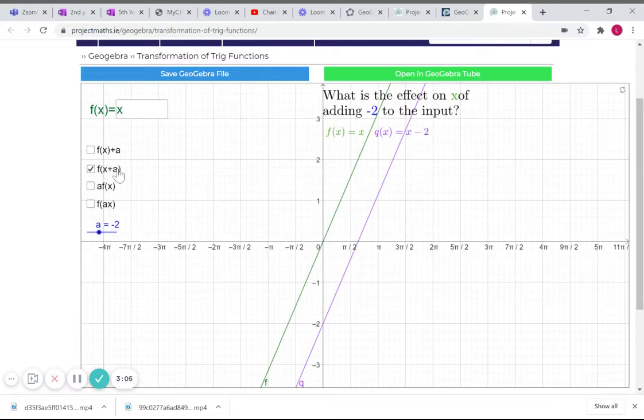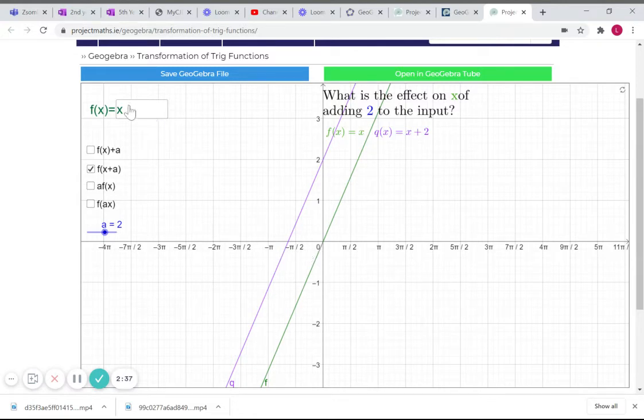So if x was 0 and you are subtracting 2, well then you're going to have to add 2 to get back to the point where y is 0. So you can see that your graph has moved over to the right 2 places. Now, what about if I make that a positive 2? You can see that my graph has been pulled to the left 2 places.